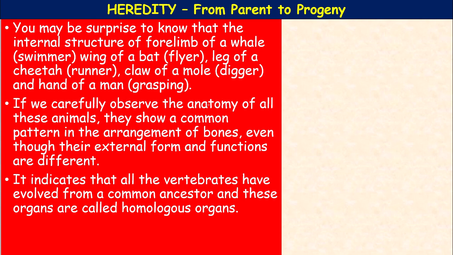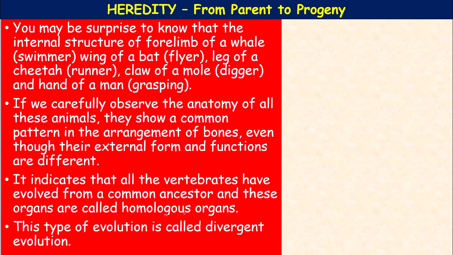The forelimb of whale, bat, legs of cheetah, claw of mole, and hand of man. These are all which organs? Homologous organs. Okay. Similarity between the organs of different animals based on the common ancestry is called homology.